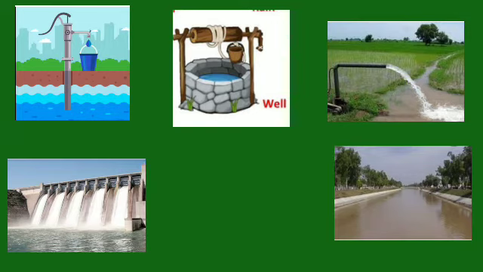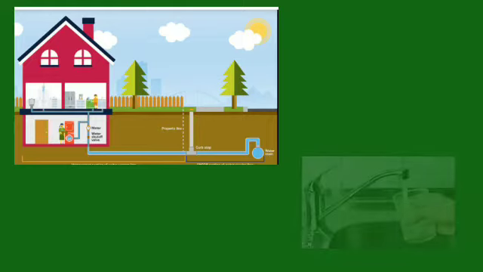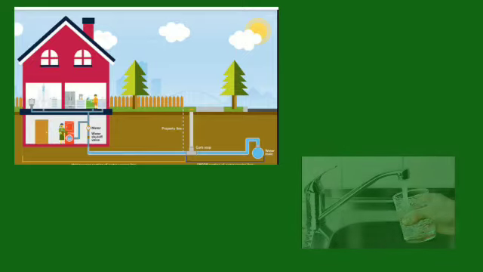Now, all the waters that are stored, we use mainly the rainwater or the water from the rivers that is passed through the pipe. Can you see here the blue color pipe going to the house? Yes, it goes to the pipe and then we get water through taps. Fine. This is how we get water.